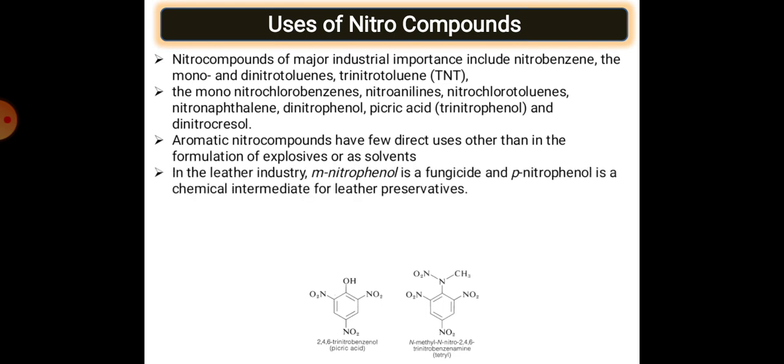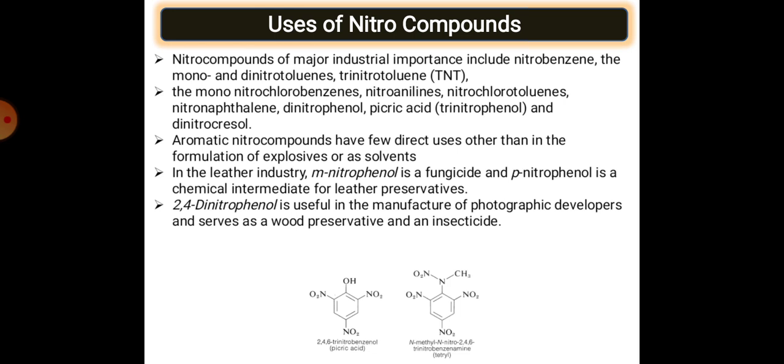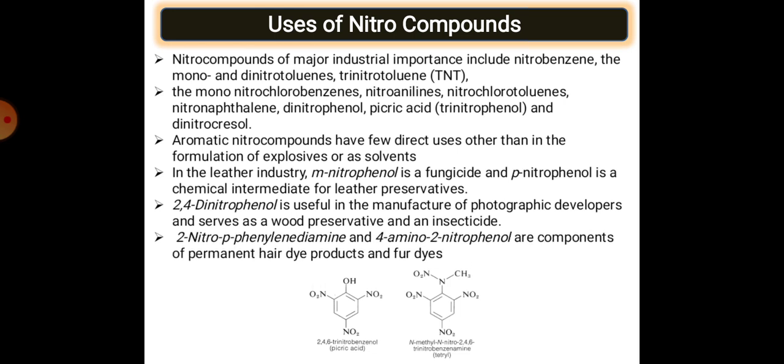In the leather industry, metanitrophenol is a fungicide and paranitrophenol is a chemical intermediate for leather preservative. 2,4-dinitrophenol is useful in the manufacture of photographic developers and serves as a wood preservative and insecticide. And lastly, 2-nitro paraphenylenediamine and 4-amino-2-nitrophenol are components particularly used in permanent hair dye products or fur dye, etc.